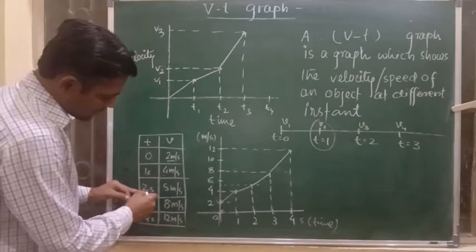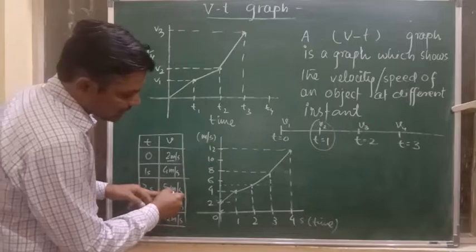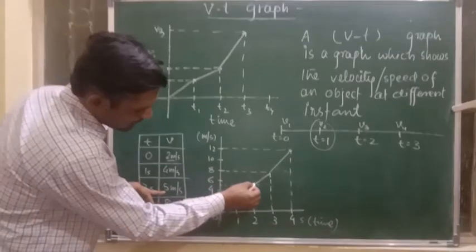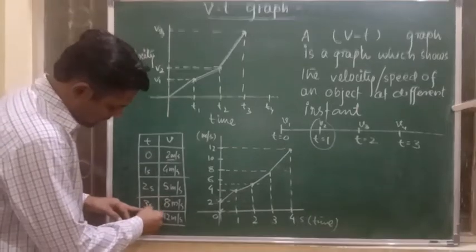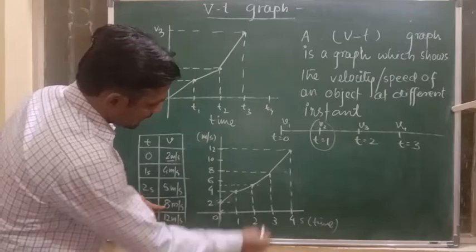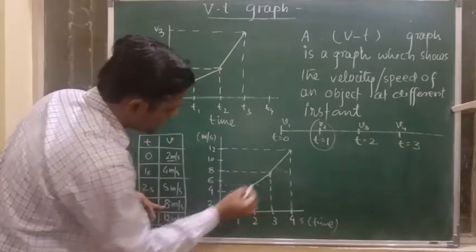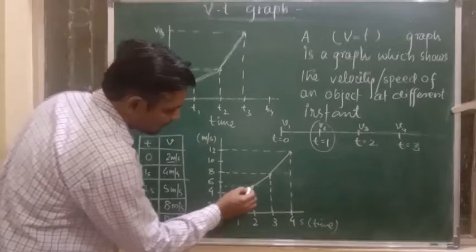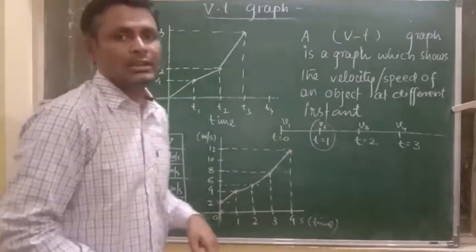When the time is 2 seconds, the velocity at that instant is 5 meters per second. So I have given this point. And at the instant t equal to 3 seconds, the velocity recorded by you was 8 meters per second. So the point will be this one, and when we combine these with lines, this gives a velocity-time graph.